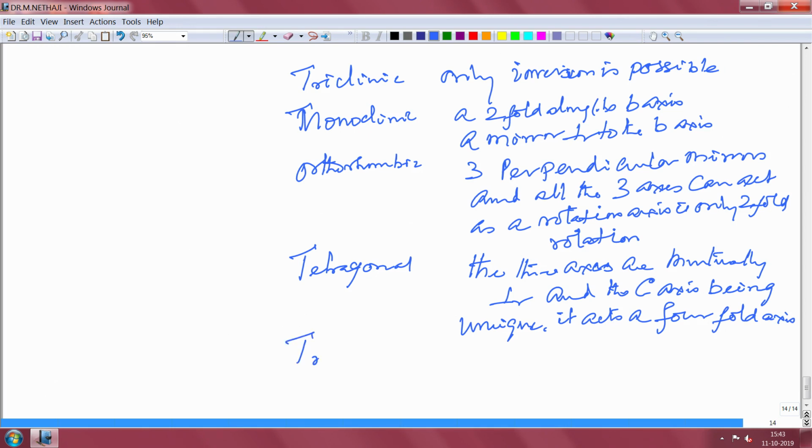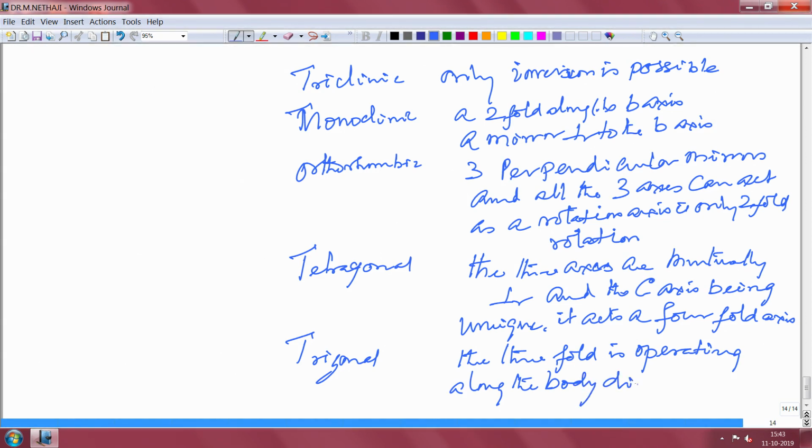In trigonal, the three-fold axis is operating along the body diagonal passing through the origin.